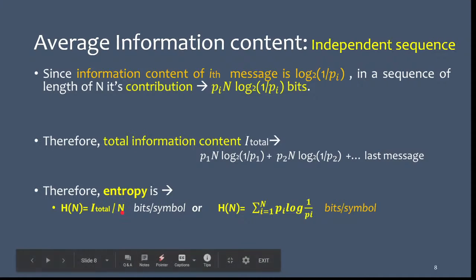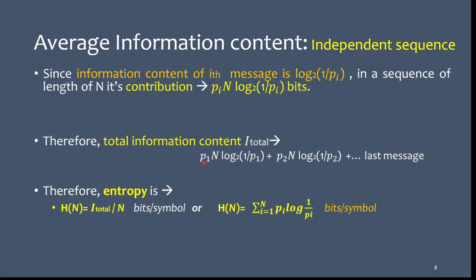When we say average, we usually divide the total by the number of candidates, right? So here I total comes from here, and again we have to consider the total size of the events or total number of messages n. This is a weighted sum. There is always p1 multiplied by n.